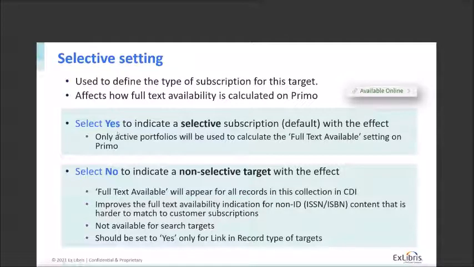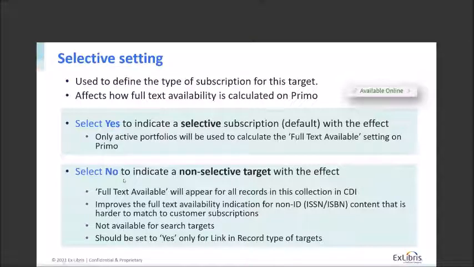The effect of this in CDI is that only active portfolios will be used to calculate this full text available setting on Primo. So if you activated 10 out of the 50 portfolios for a specific collection, only those 10 active portfolios, let's say their journals, will get an available online indication in CDI Primo. The other 40 will not get this. So this is a selective yes setting.